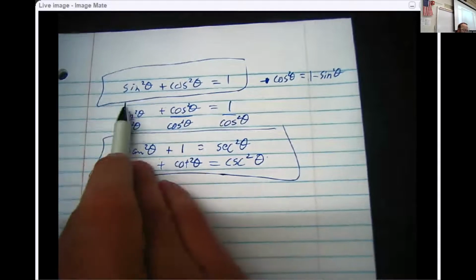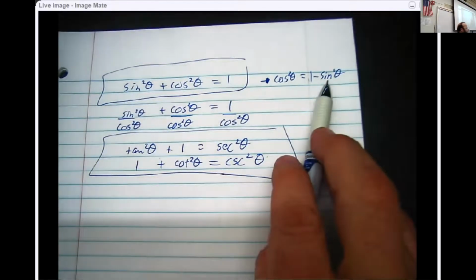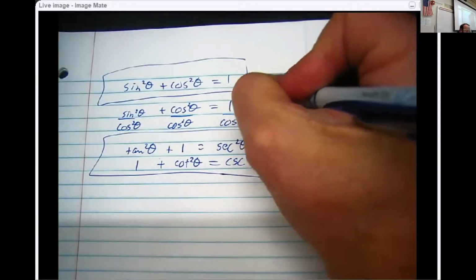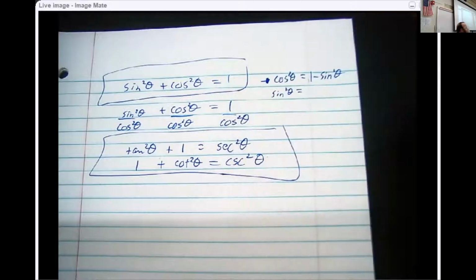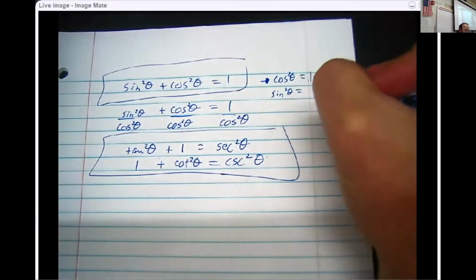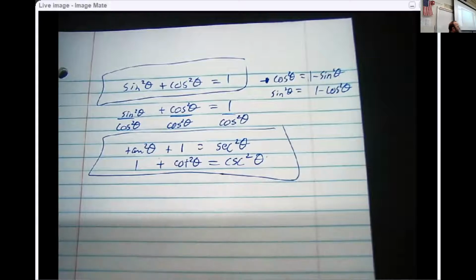If I move this sign to the other side, would that change the identity at all? Can you guys give me another one? What's the sine squared? Okay. Could I play the same game with these guys right here, moving them around a little teeny bit if I wanted to? I'm not going to right now. Just be aware of it.